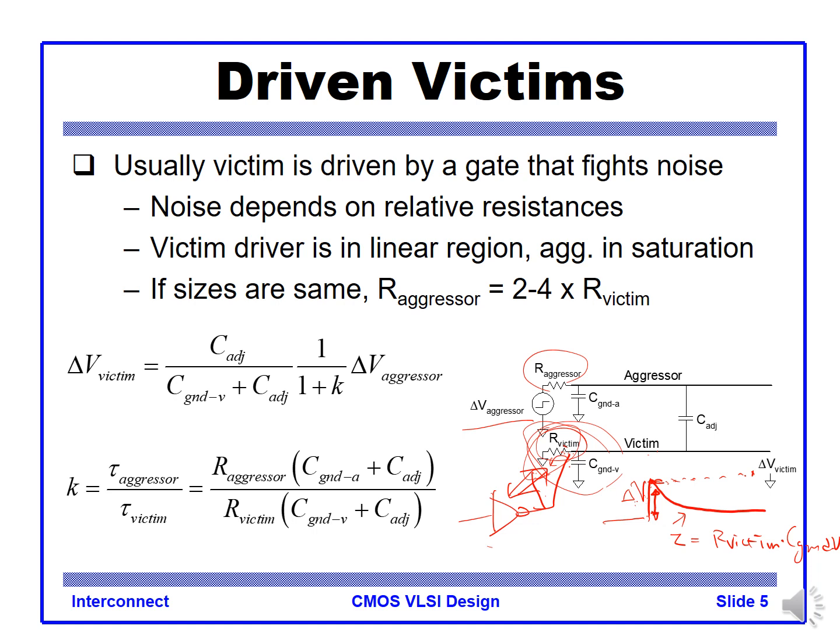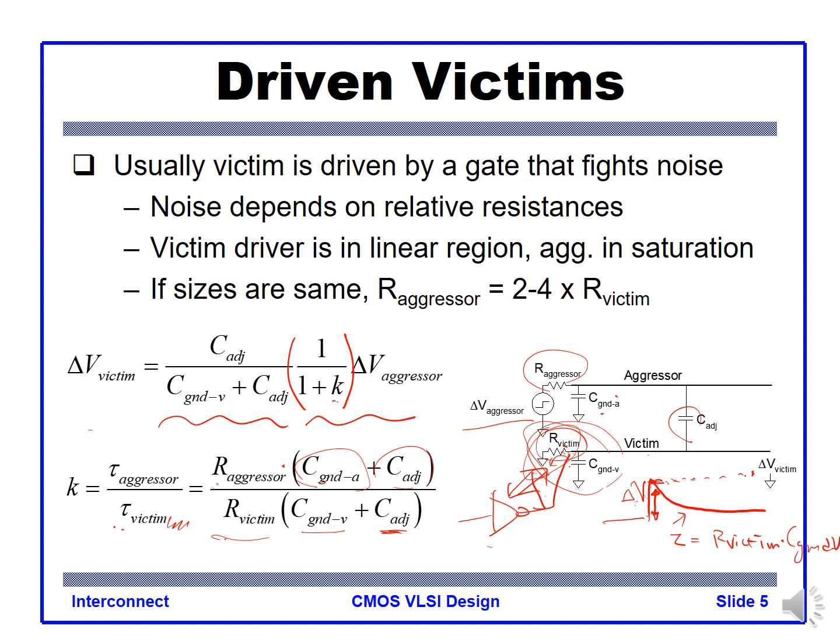The time constant will have some relation, so if you find that the relationship is like this, we have a 1 over 1 plus k factor. Here the k factor is like the time constant ratio. On the aggressor side, we have a time constant of R times C_gnd plus C_adj, and on the victim side we have R_victim times C_gnd V plus C_adj, like this.